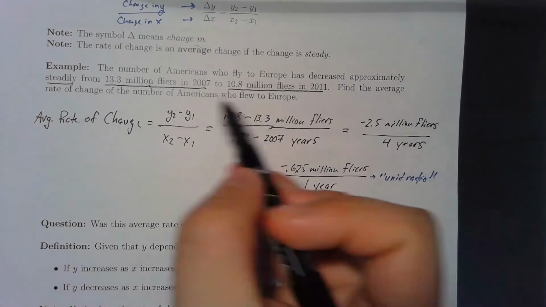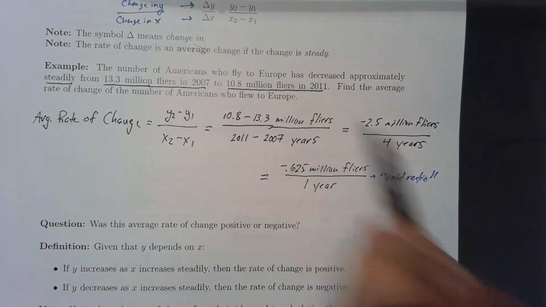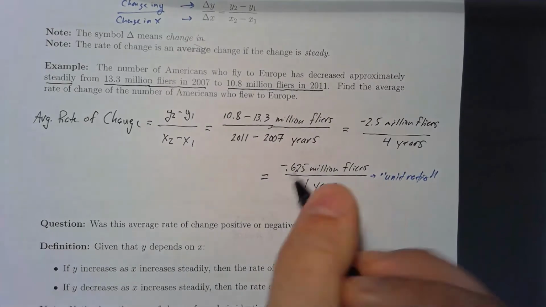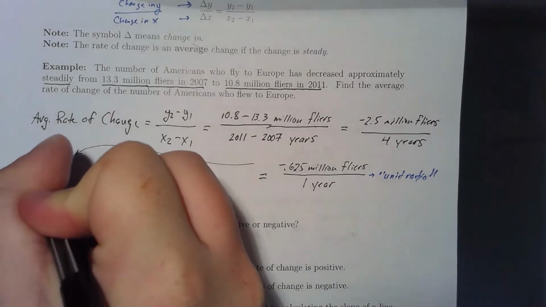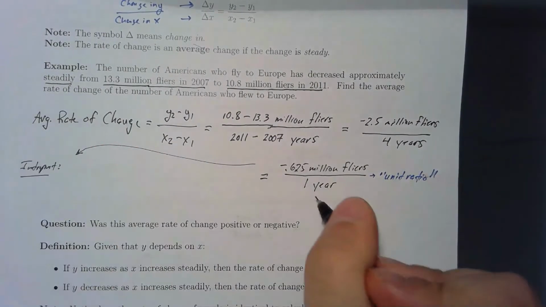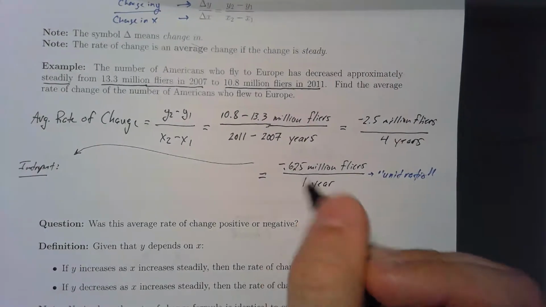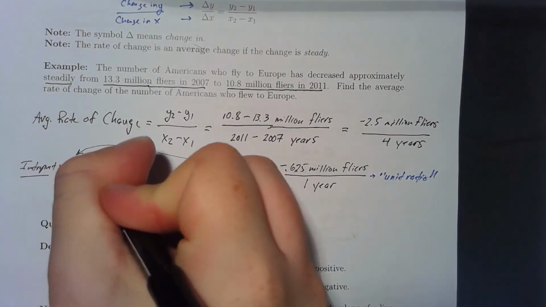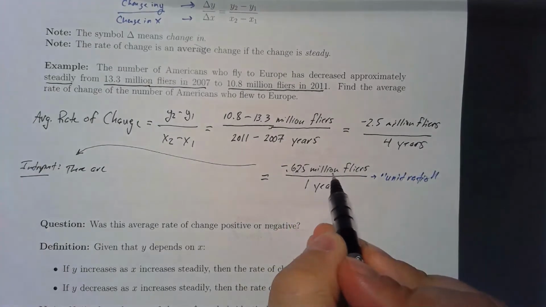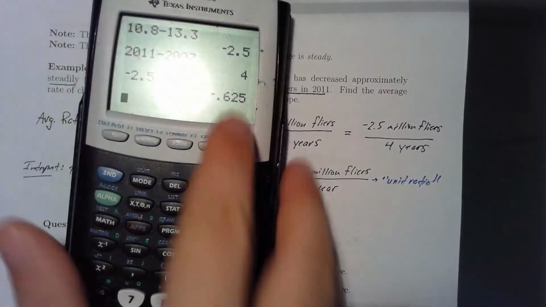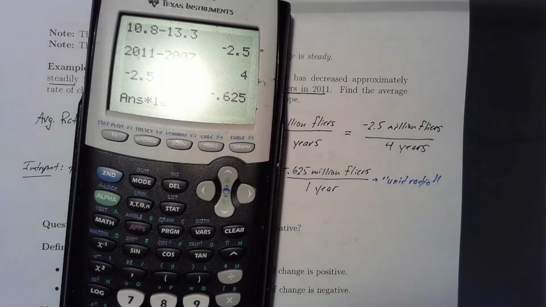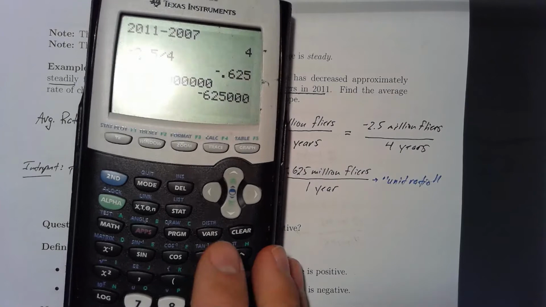So find the average rate of change of number of Americans who flew to Europe. So what this really means is, and I'm going to make this interpretation right here, 0.625 million is actually 625,000, right? If I multiplied that by 1 million, it's 625,000.